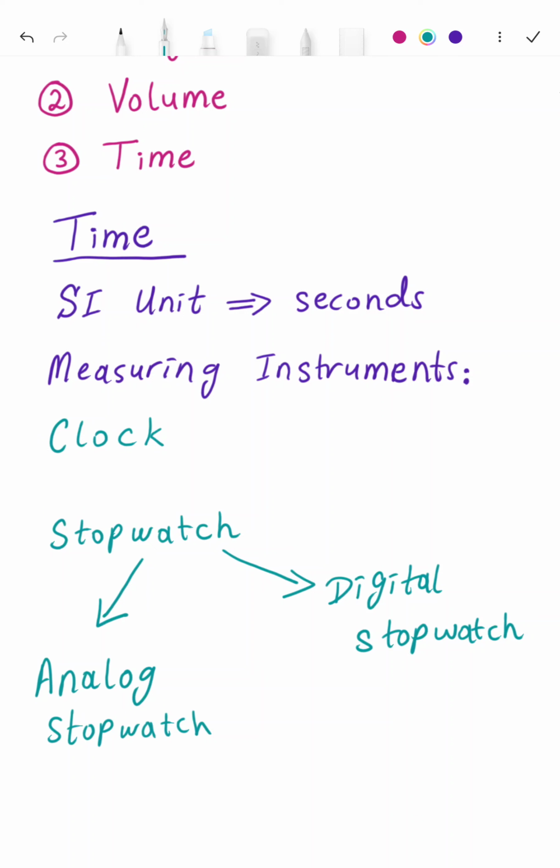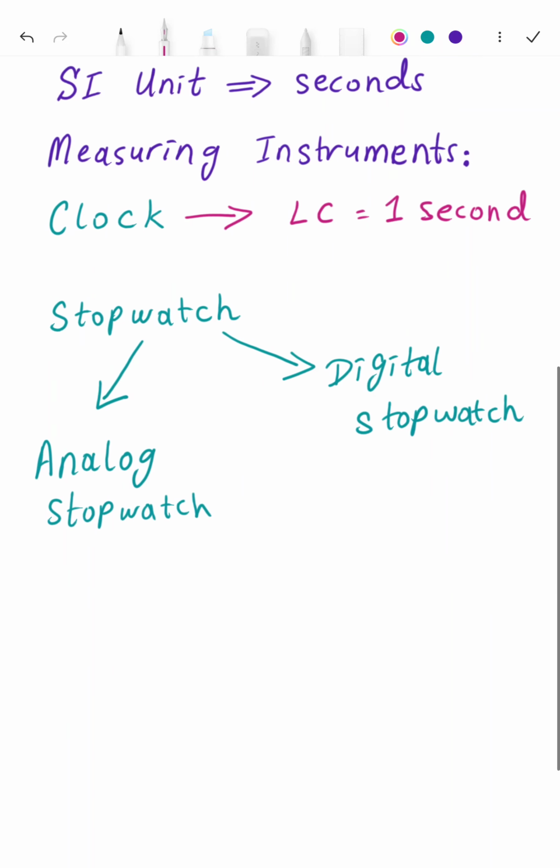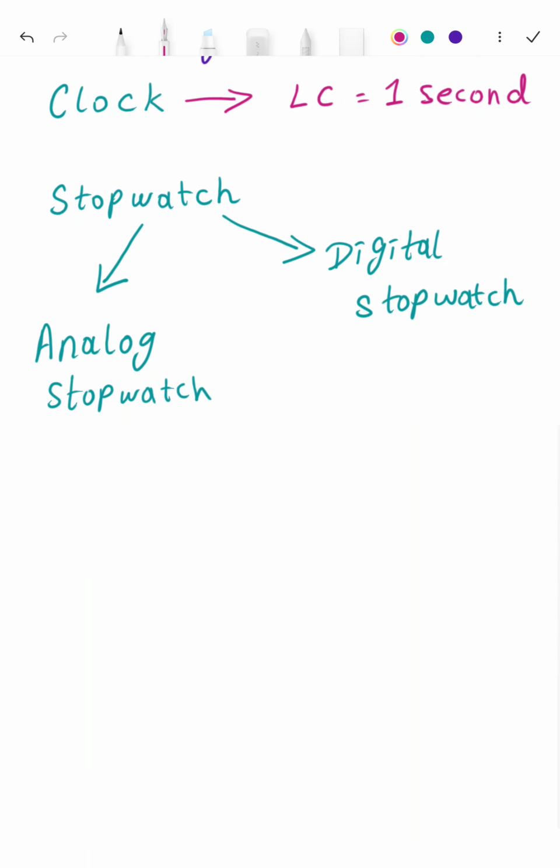Now for the clock, we know that the clock has the least count of 1 second, which means that the smallest time which the clock can measure is a second. And similarly, if we are using a stopwatch to measure the time interval, the analog stopwatch also has a least count of 1 second, which means it cannot measure time less than 1 second.